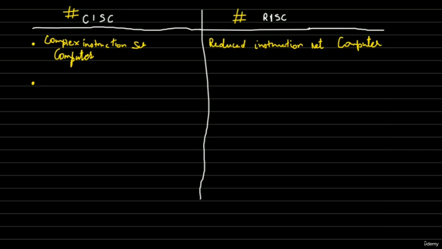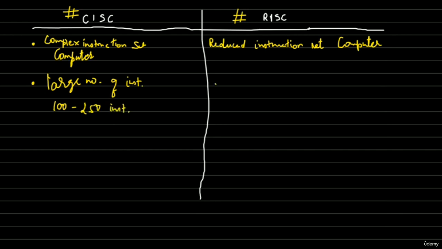In CISC, we have a large number of instructions, from 100 to 250 instructions.